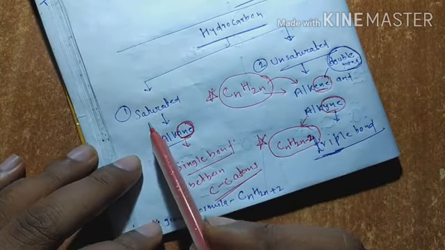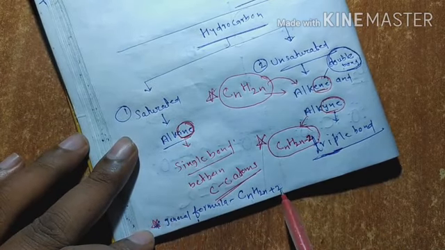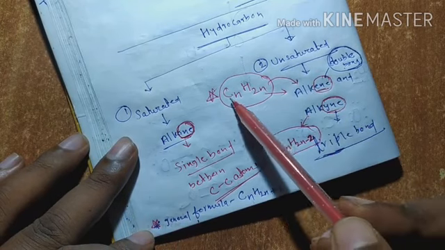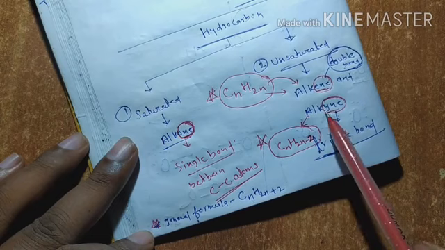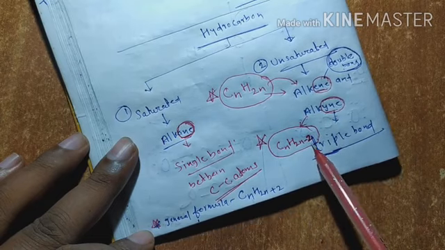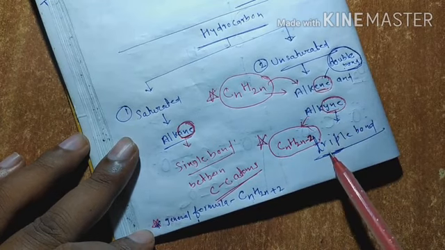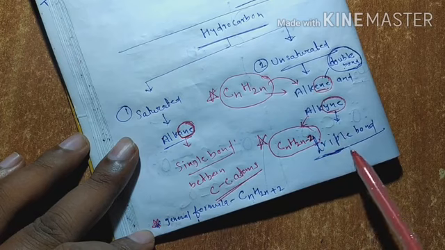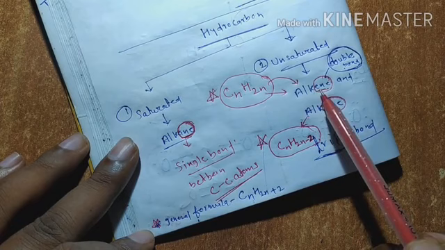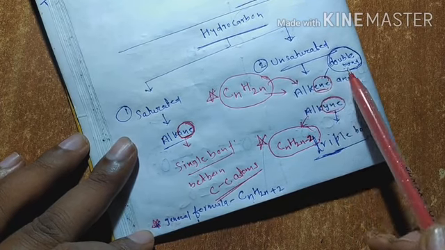In case of alkane, the general formula is CnH2n+2. In case of alkene, the general formula is CnH2n. In case of alkyne, YNE, CnH2n-2. In case of alkyne, there will be at least one triple bond between carbon and carbon atoms. In case of alkene, there will be at least one double bond between carbon atoms.